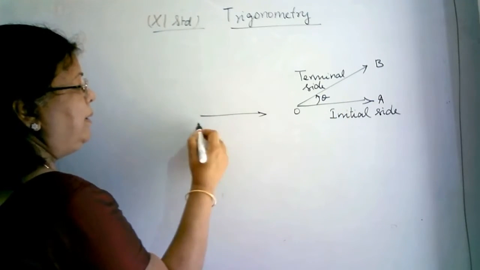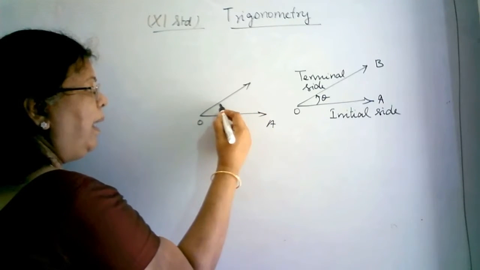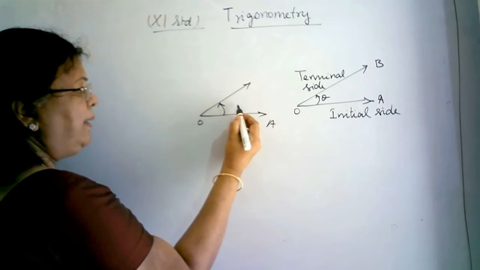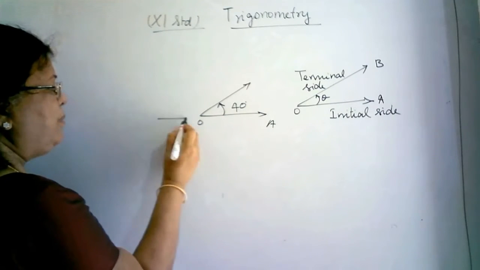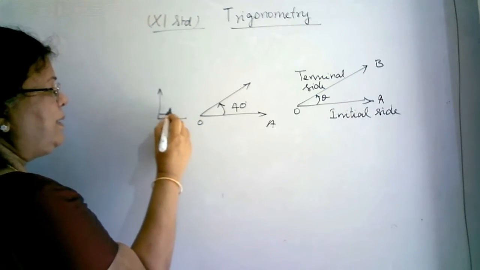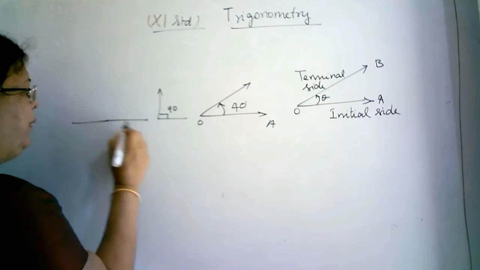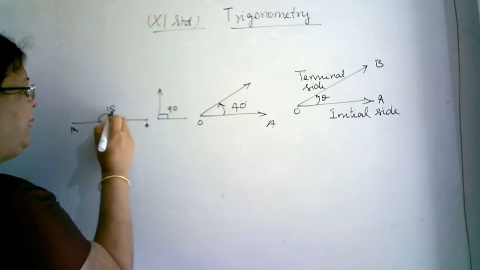Say this is OA, and it moves in the anti-clockwise direction. Say this will be lesser than 90 degrees, say 40 degrees. If it is moving like this, then this is 90 degrees. Suppose it is moving to OA and OB, then this is 180 degrees.